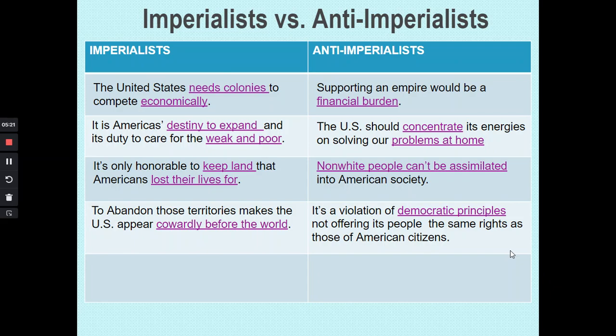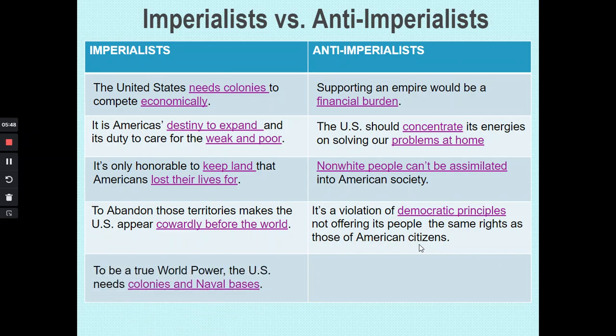Anti-imperialists, though, said it's a violation of democratic principles, not offering people the same rights as those of American citizens. So anti-imperialists, basically what they were arguing was, hey, if we're going to take this land, then we need to give them the same rights. And so definitely they were kind of countering here what the imperialists thought.